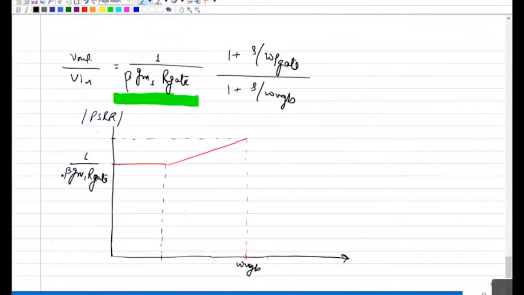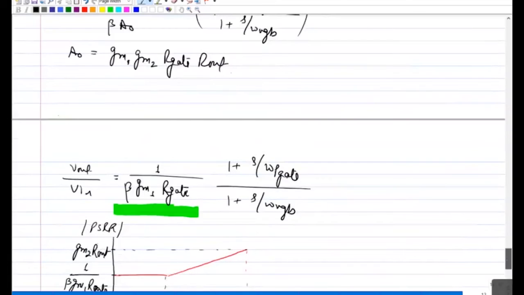Correct. You have a beta term here also in the denominator. Yes, sir. So loop gain divided by that. So this will be nothing but your GM2 R out. Correct. Because beta GM1 R gate will get cancelled out from your loop gain. So leftover will be GM2 R out. Correct or not?